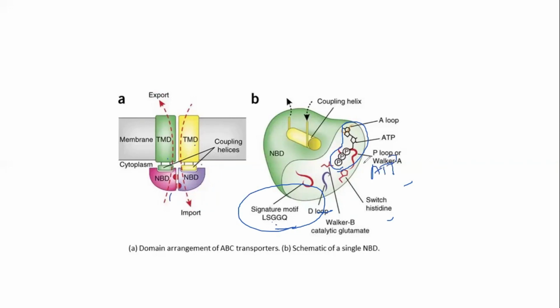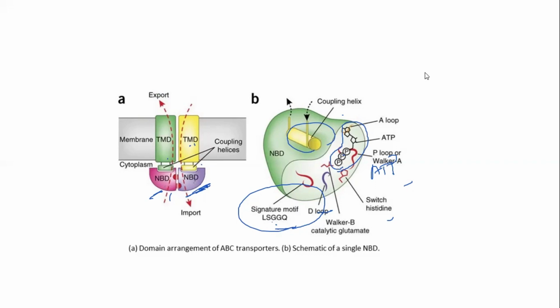ATP binds in the NBD, and there is a conformational change which makes the TMDs come together. That is why we have coupled it with the NBD. So when ATP binds in the NBD, there is a change in the NBD which brings out the change in the TMD, eventually resulting in the opening of the ABC transporter.